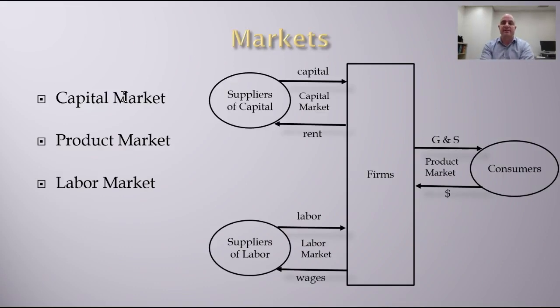So now we're going to look at the different markets and how a labor market works. When we are looking at different markets, you have goods markets and then you have what are called the factors markets. So there's really three markets you can look at.